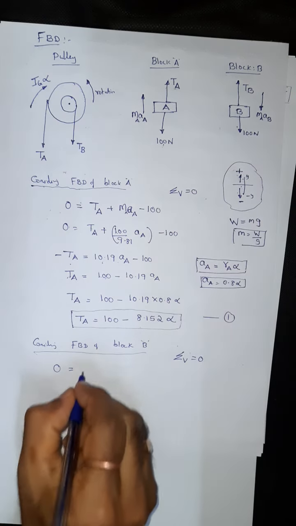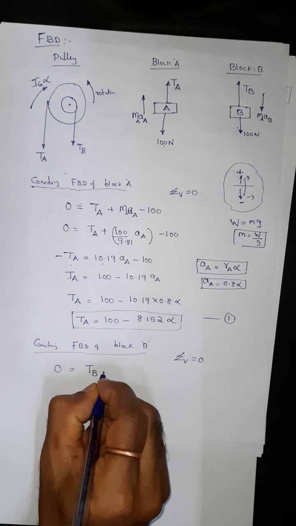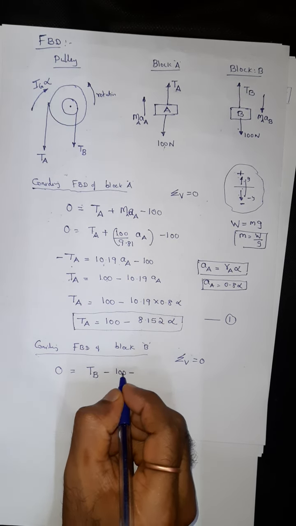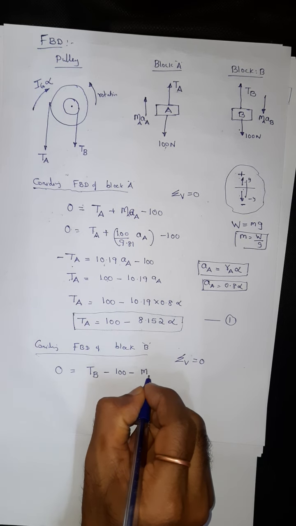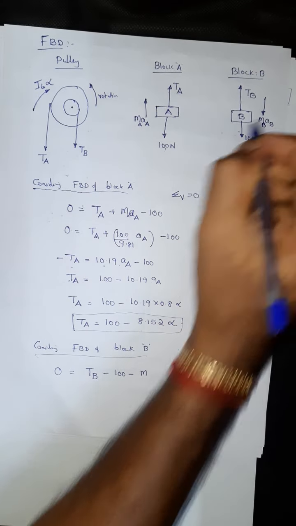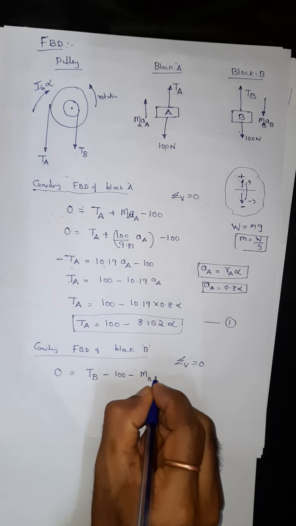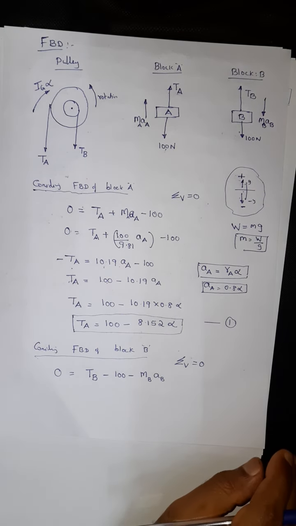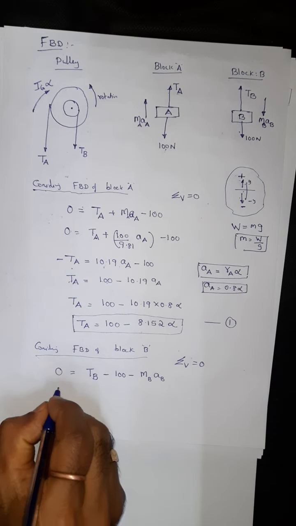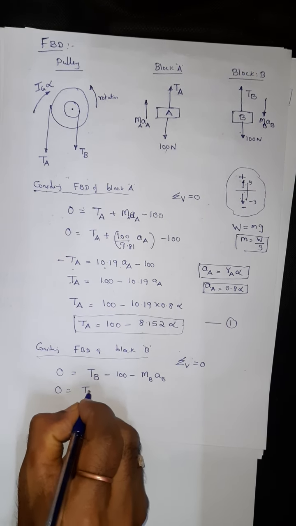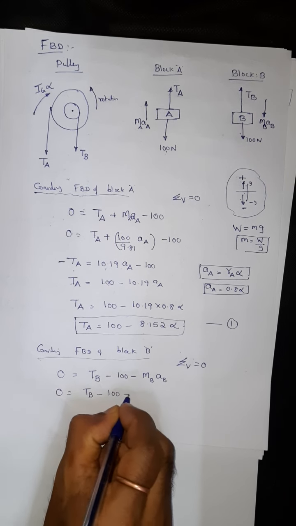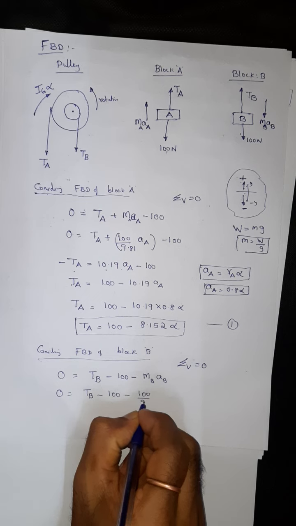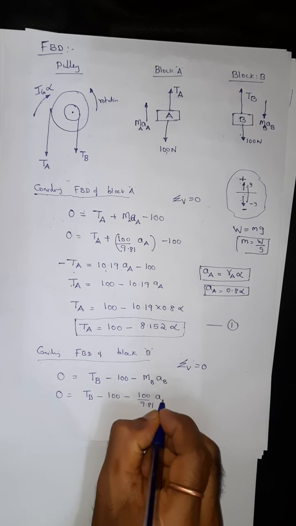So here TB minus 100 minus MB AB, right? So 0 equals TB minus 100 minus MB AB, where MB is nothing but 100 divided by 9.81.